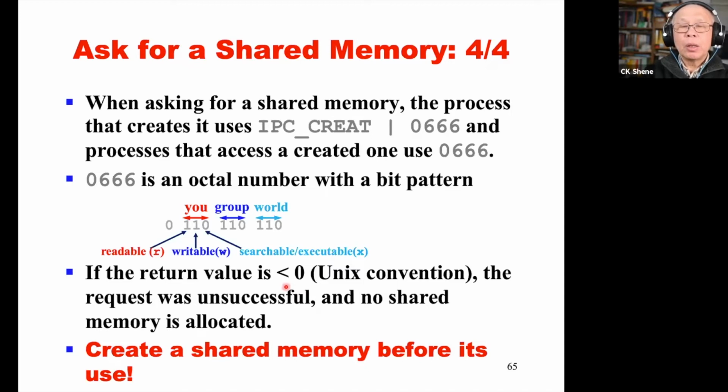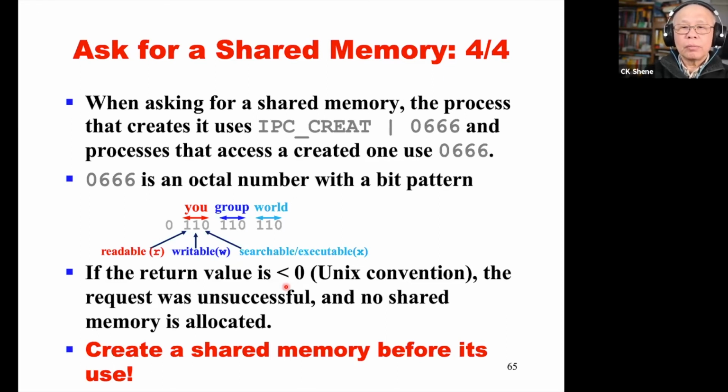It's because Unix could not find any available memory for you. It could be due to you specifying an incorrect argument. For example, the size is too large. The system does not have that much memory for you to use.